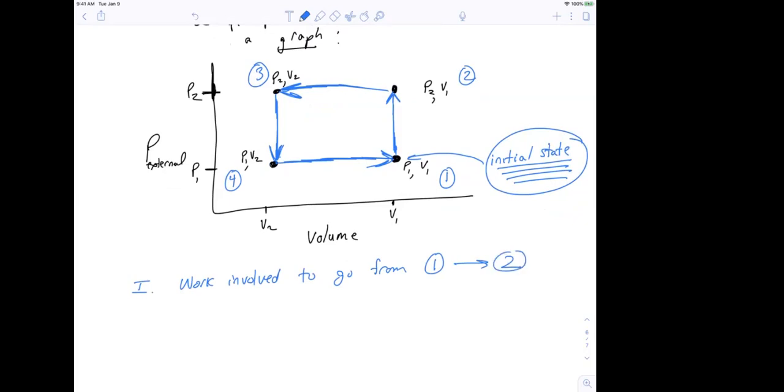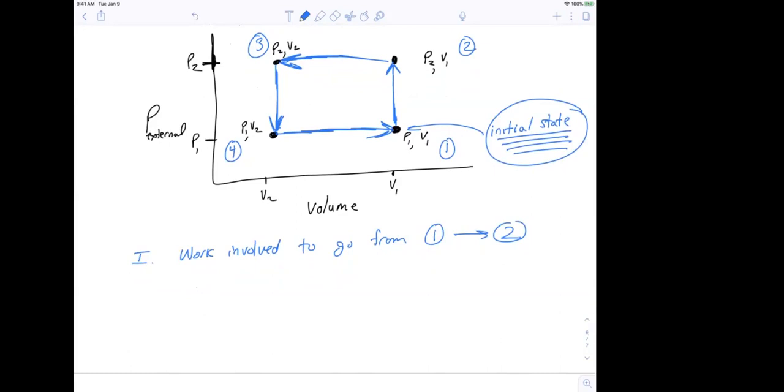Okay, so that's this process right here, from our initial state 1 to this other state 2. Again, all our equilibrium states. And this is an example of how we would attack a problem that asks us to calculate the work. Okay, so the problem in very general terms would be, what is the work? And there might be some other words to give you further description. But this is the general type of problem that you want to be looking for.